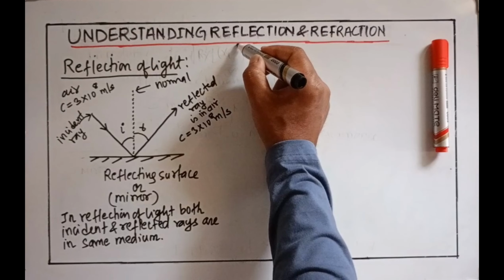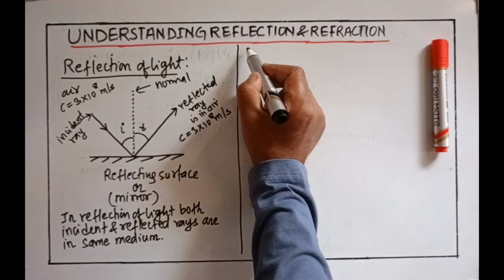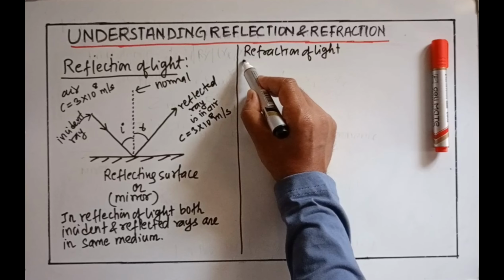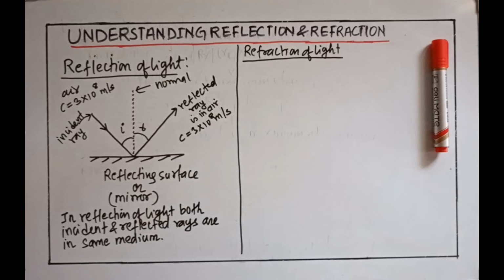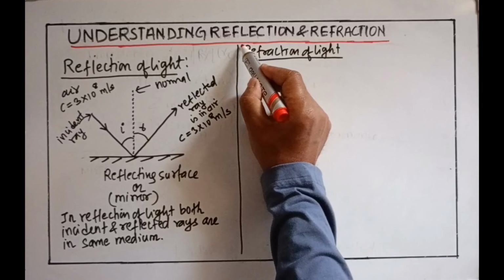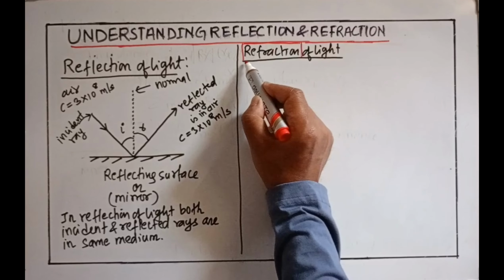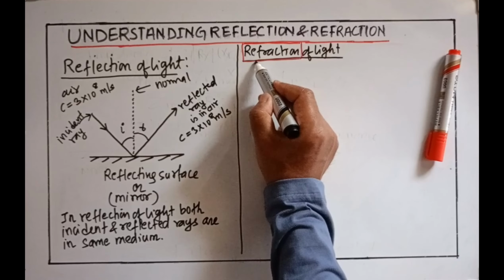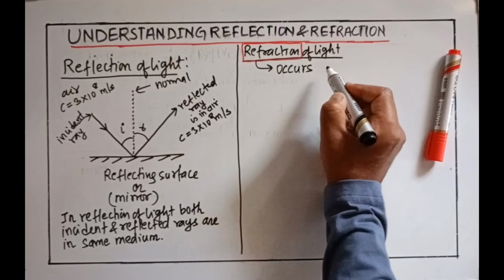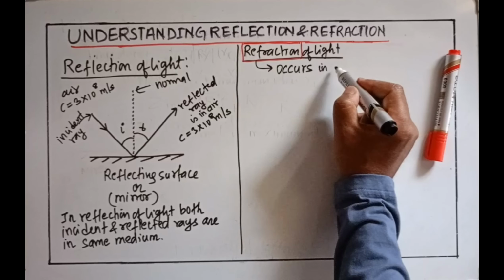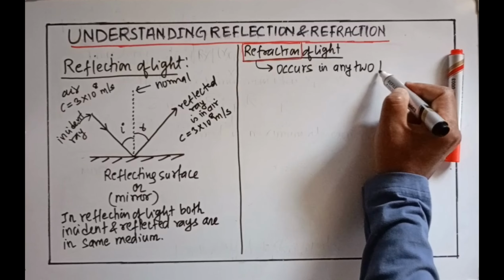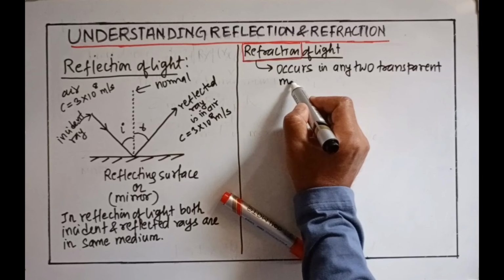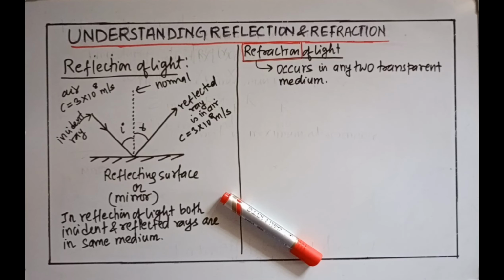Now let us discuss refraction of light. To have refraction of light, we must have two transparent media. So refraction occurs in any two transparent media.